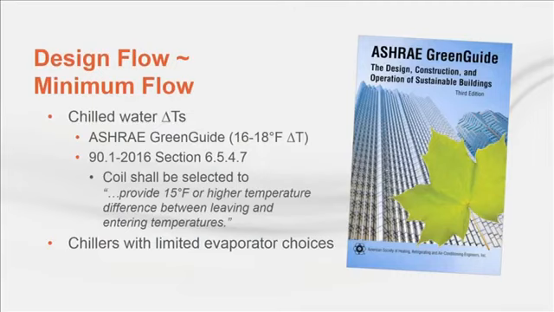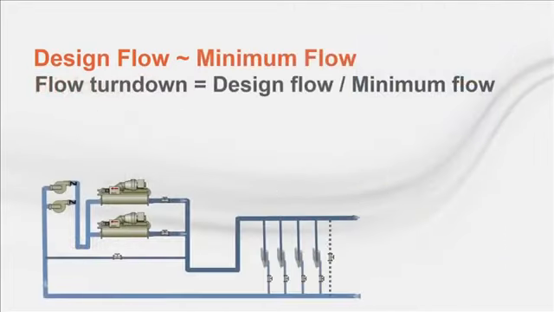Or now, with the publication of ASHRAE 90.1 2016, the requirement for at least a 15 degree chilled water delta T. And with chillers that have limited evaporator choices, such as screw and scroll chillers. In VPF systems, we really like to have the turn down ratio, that is the ratio of design to minimum flow, be greater than 2.